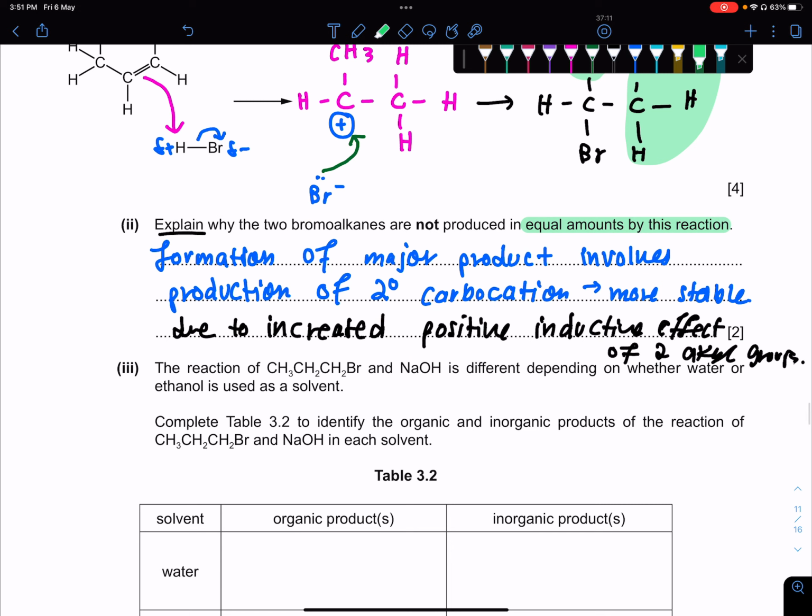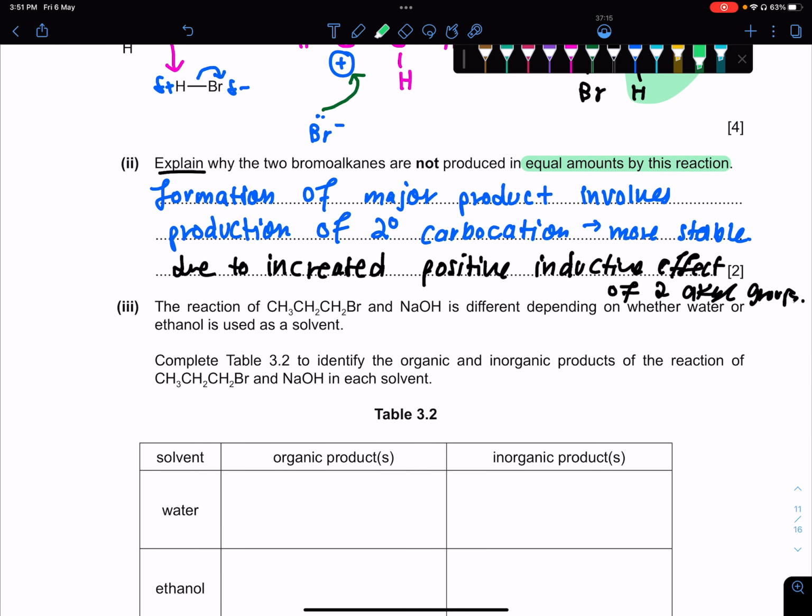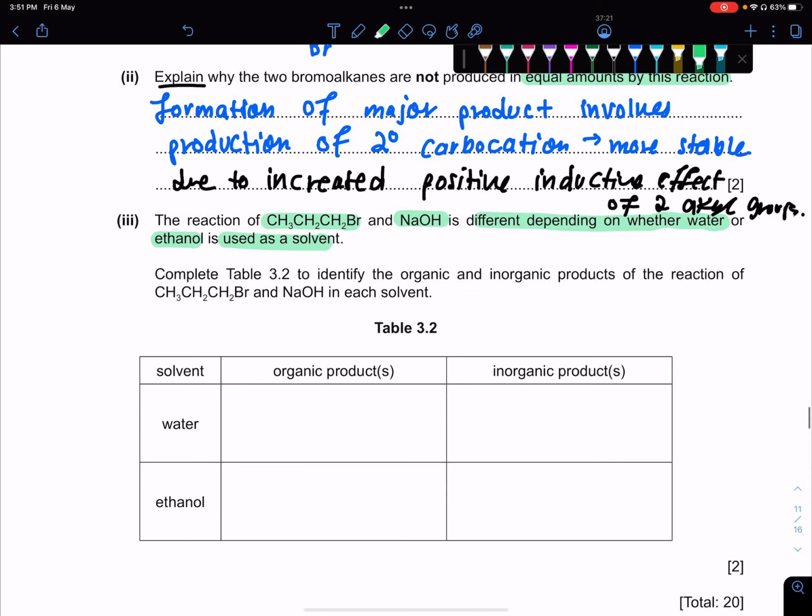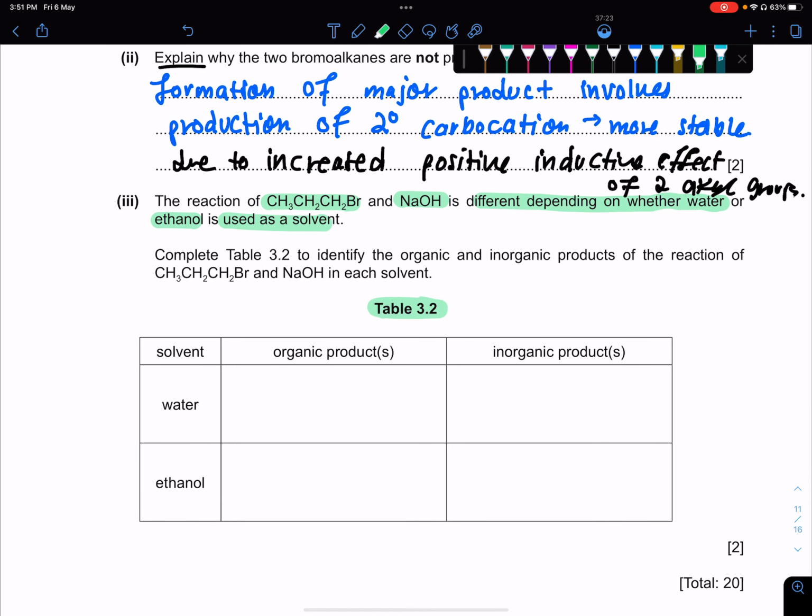And then part 3 says the reaction of CH3CH2CH2Br and NaOH is different depending on whether water or ethanol is used as a solvent. Complete table 3.2 to identify the organic and inorganic products of the reaction of this 1-bromopropane with NaOH in each solvent. Okay.